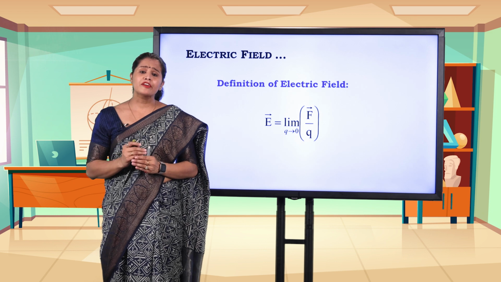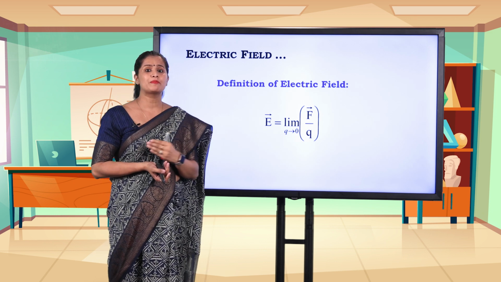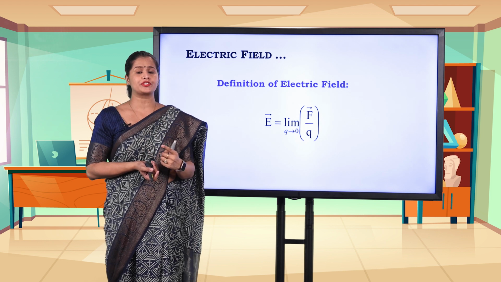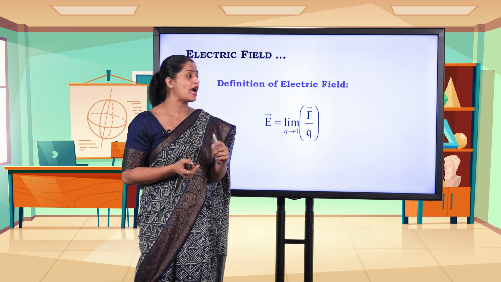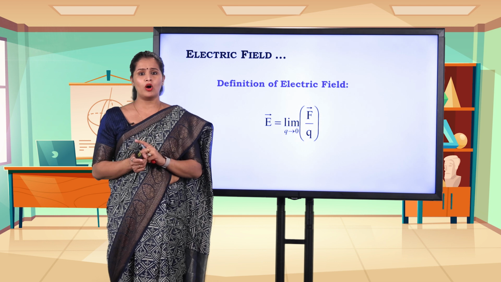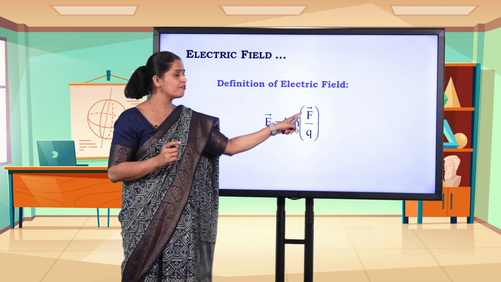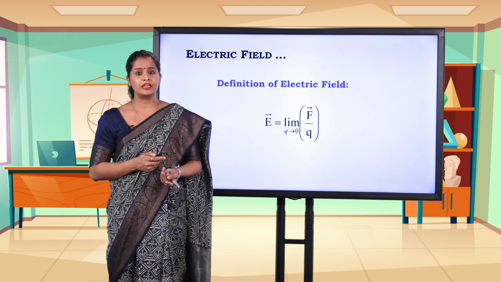Thus, electric field due to a charge capital Q at a point in the space may be defined as the force that a unit positive charge would experience if placed at that point, and the force F is then negligibly small, but the ratio F by q is finite and defines the electric field.